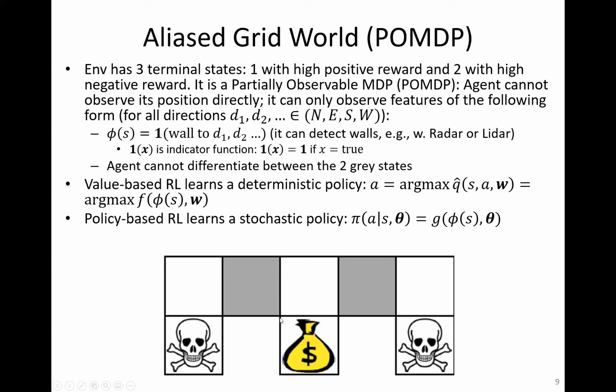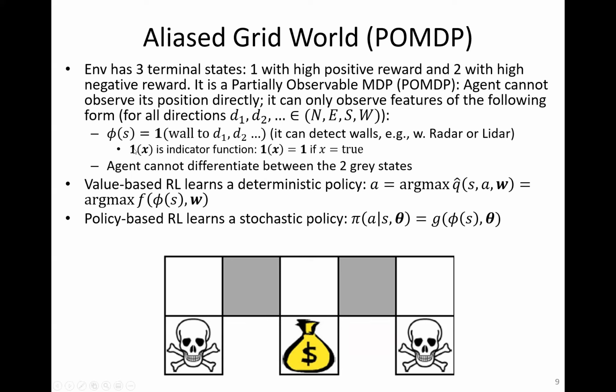So it's a partially observable MDP, POMDP, in that the agent cannot observe its position directly. It can only observe features of the following form. So for all directions, north, east, south, and west, it can detect if there's a wall in any direction, like with a LiDAR or radar, but nothing else.